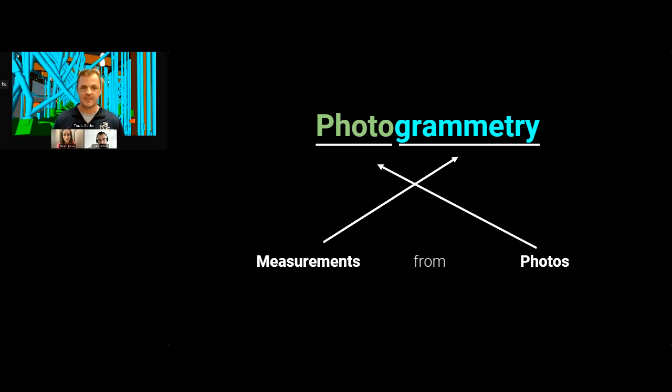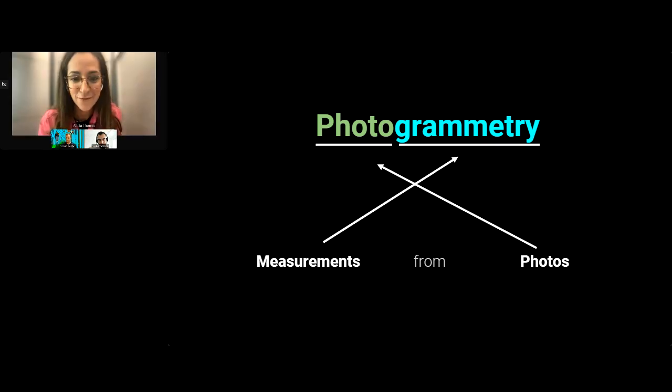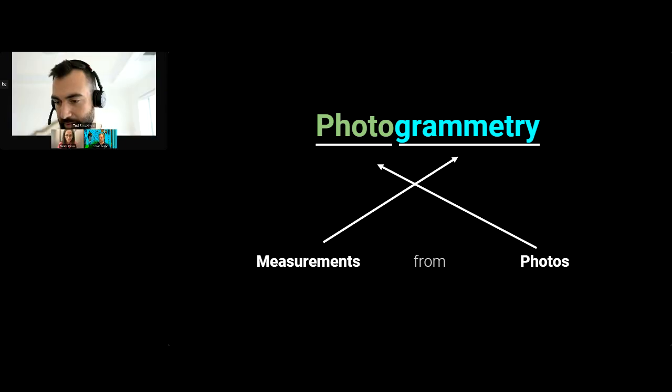Yeah, absolutely. Let's move on to photogrammetry, Ted. Let's start with the basics. Yeah, I think most of the audience probably has a fairly good understanding of photogrammetry just because it is so accessible and people are starting to really try it themselves. And that's really the best way to understand how it works. But fundamentally, it's measurements from photos.